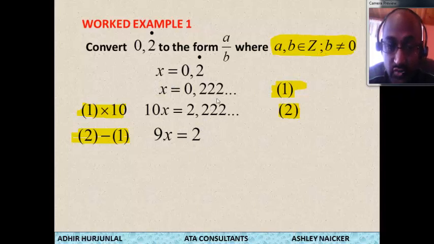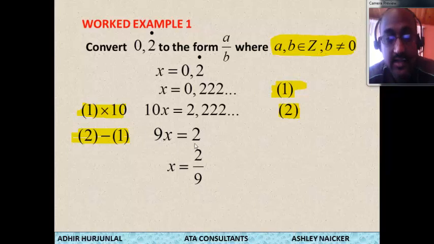It's the 2,222 minus the 0,222. Once I've got 9x is equal to 2, this is a linear equation. Simple. x is equal to 2 over 9, where the 9 that is multiplied on the left hand side comes to the right hand side and becomes division. With this, you should get full marks.